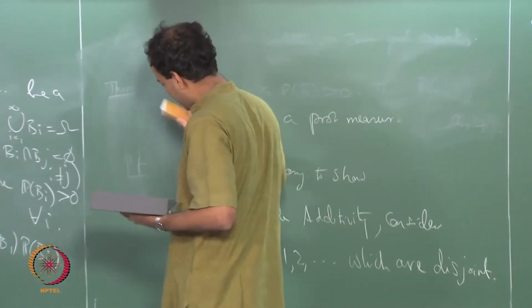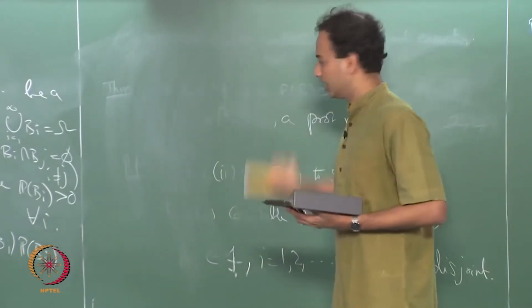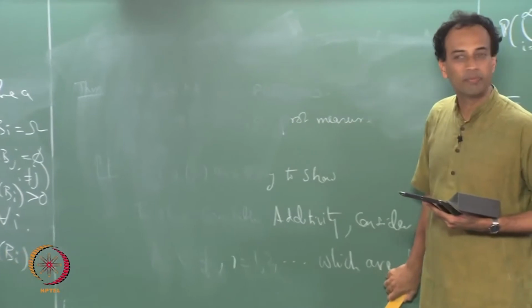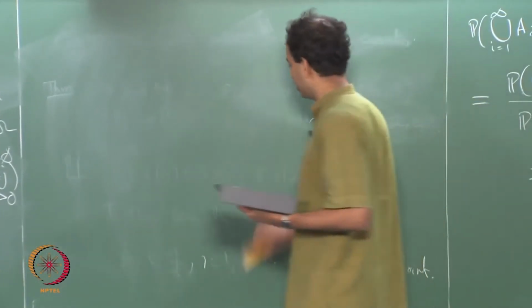There is a very particular version of this which is quite useful. If B is any event with positive probability, B and B complement always partition the sample space, very trivial to show.